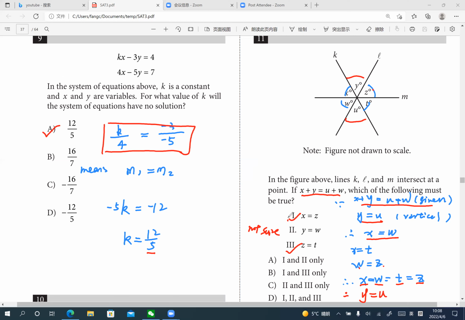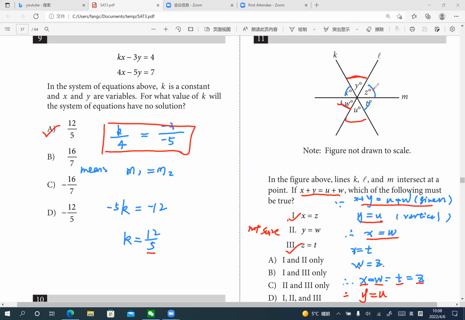So the first conclusion, x equals z. From the process we just did, x equals z is correct. Second, y equals w. Y is here, and w is here.